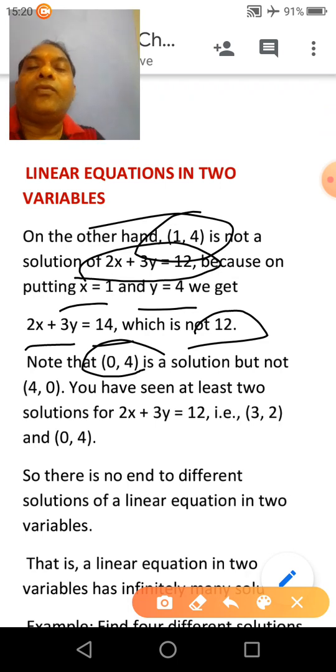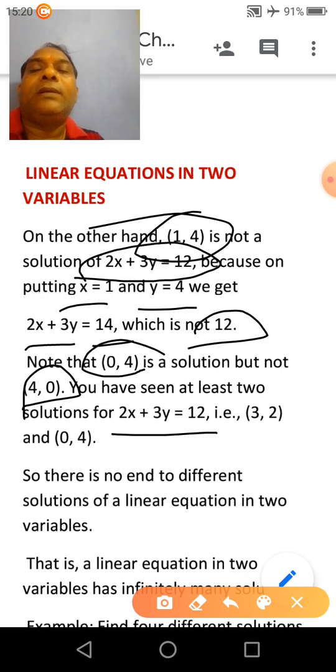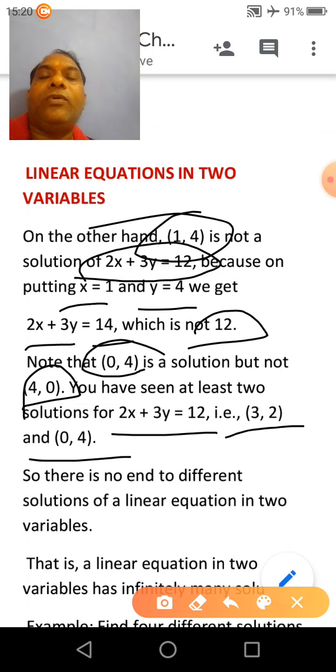So (4, 0) is not a solution of the given equation. Clear? So we can say that solutions of 2x plus 3y is equal to 12 are (3, 2) and (0, 4).